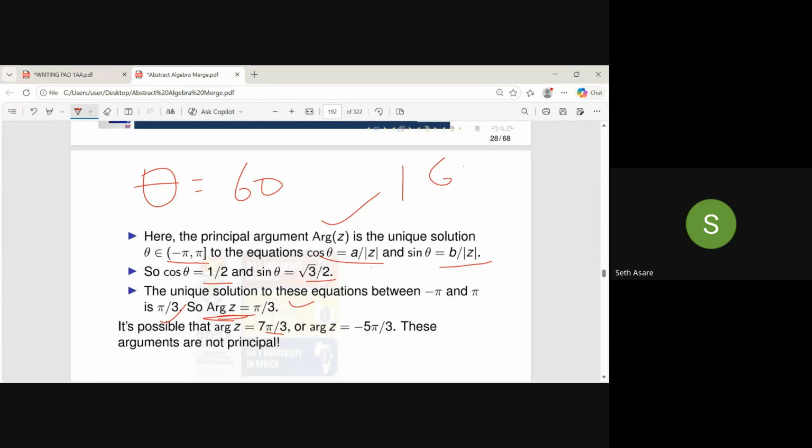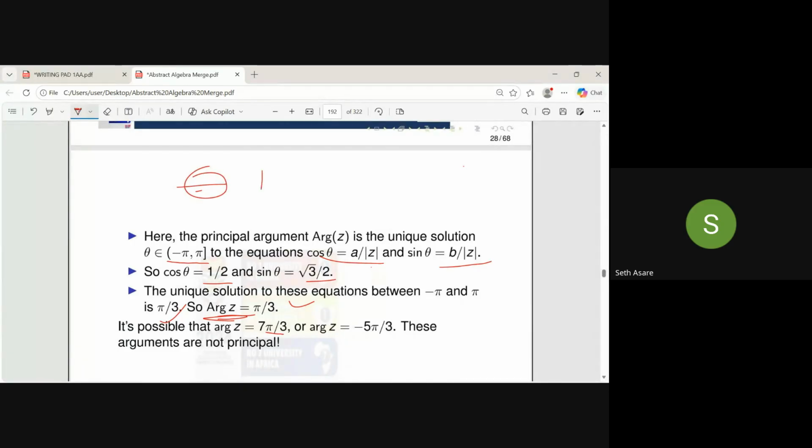I am using the general formula for you to see where the 7 is coming from. We know the general formula will be the argument, which is theta plus 2 pi k, where k can start from maybe 1, 2, 3, and 4. When k is 1, then it means that this whole thing is 1, isn't it?